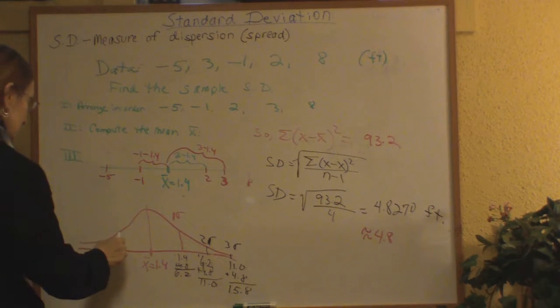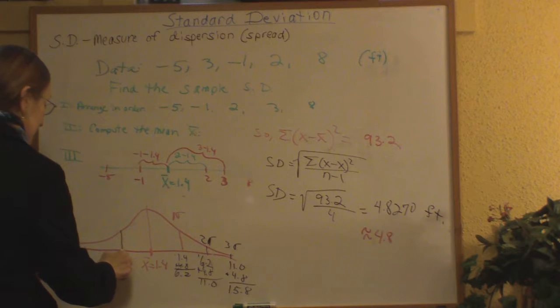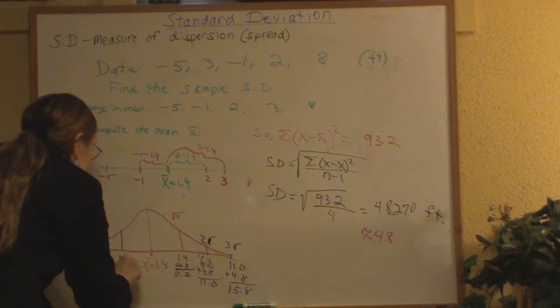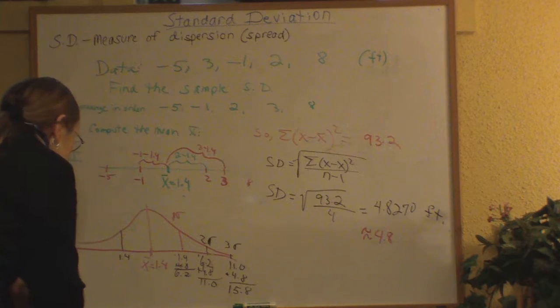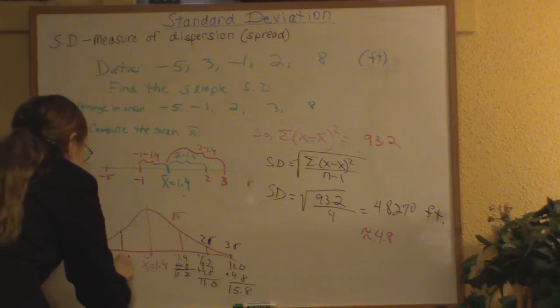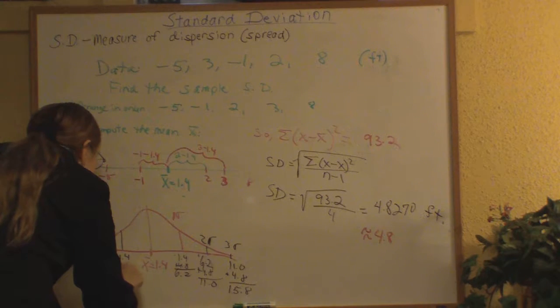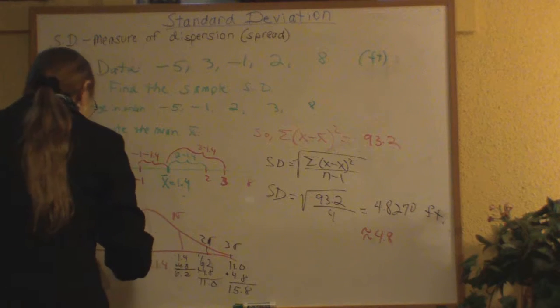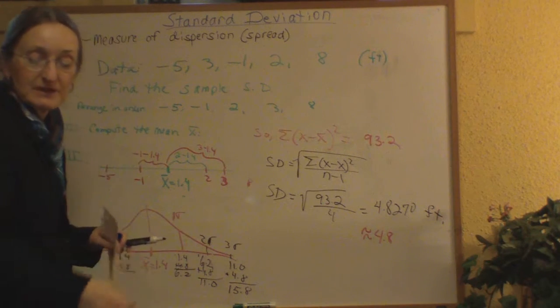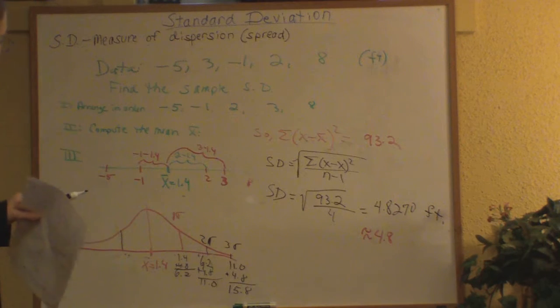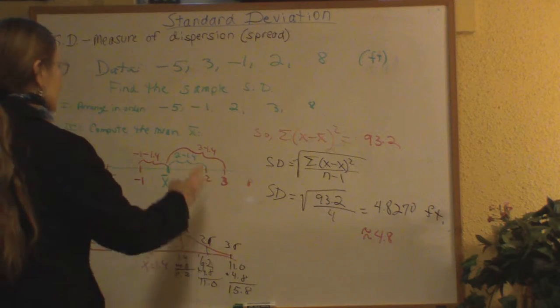Now, going the opposite way, you take 1.4 and you subtract 4.8. You go in the opposite direction. But to save time, we would say that, look at our scores.